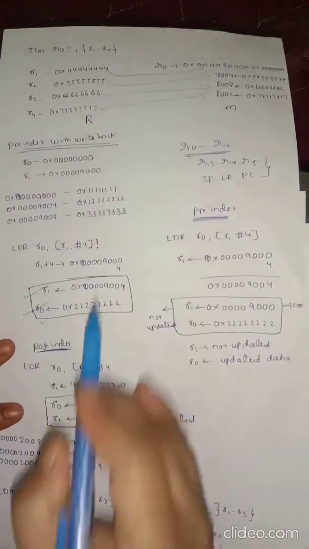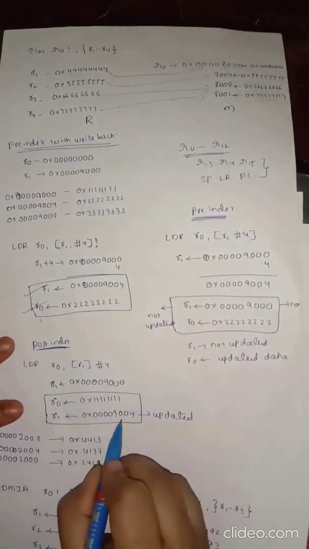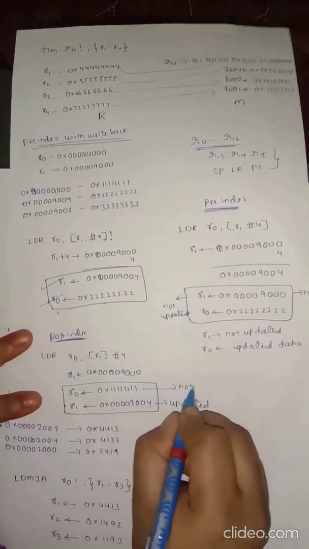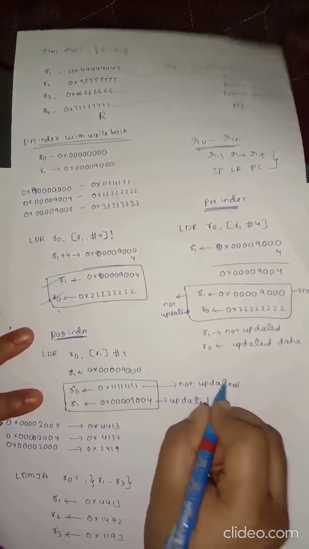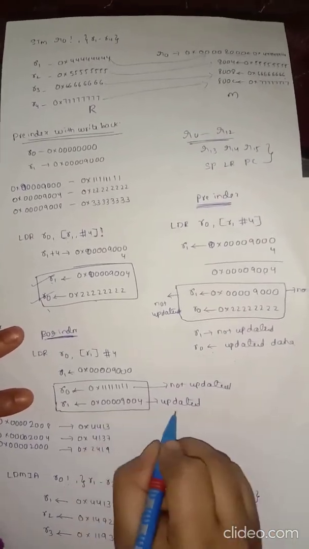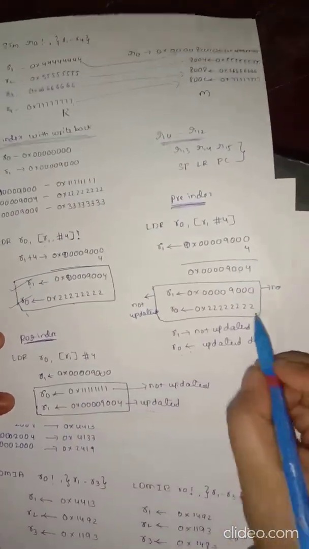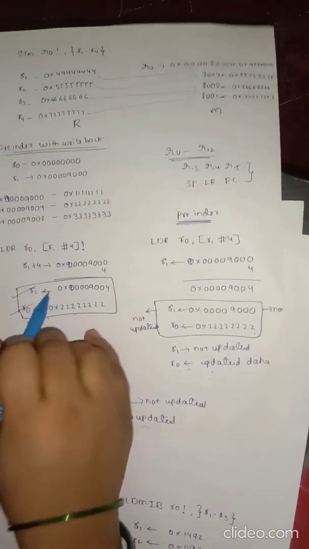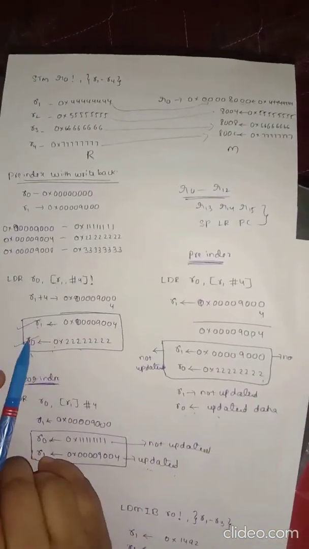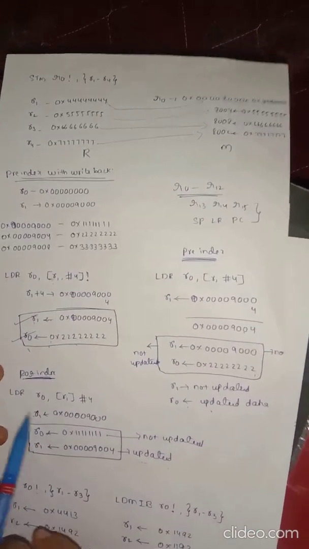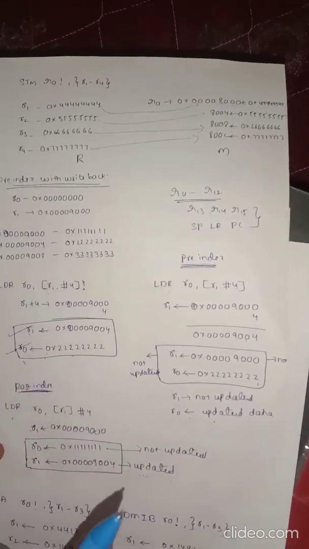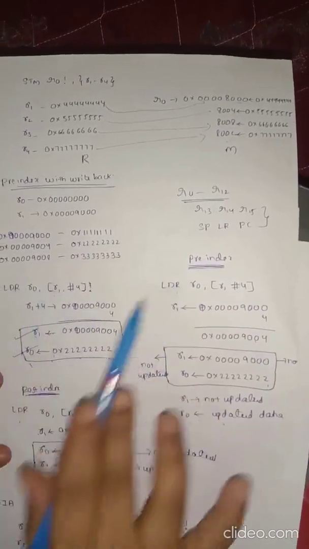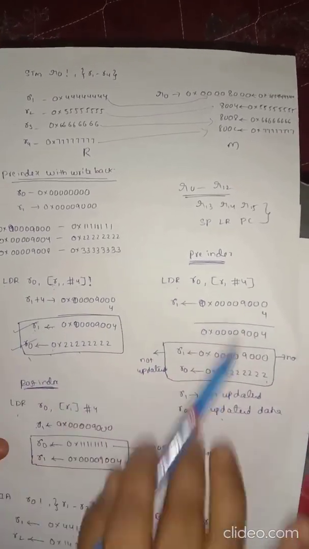Only the 9000 data is present in R0. Here the address is updated but data is not updated. In pre-index, the address is not updated, data is updated. But in pre-index with write back, both are updated. These are only used with normal registers, not multiple registers. For multiple registers we don't use this. Only for register to memory and memory to register cases do we use this.